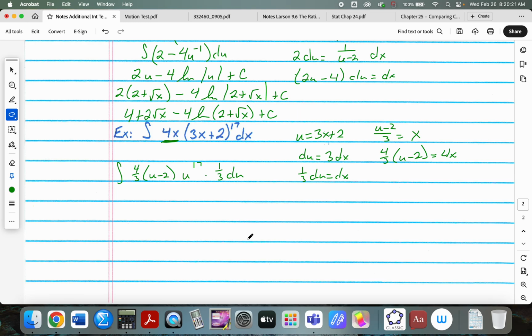As in all of these u sub required problems, I got to multiply this out. I'll go ahead and factor out the constants. So I'll have 4/9 of the integral, distributing the u to the 17th, I'll have u to the 18th minus 2u to the 17th du.